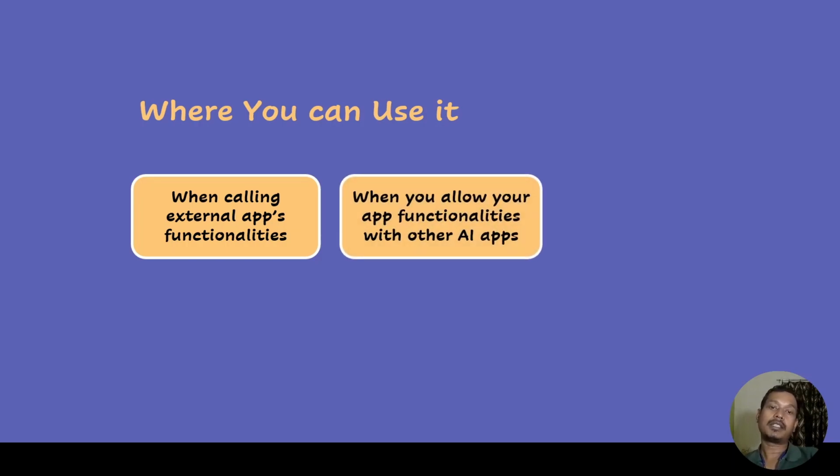Then the second one is when you share your application's functionalities with other AI apps. Suppose you created a business application. Now external AI applications want to access your application's functionalities. The usual way is you create APIs, and they write custom code to consume your APIs, right?